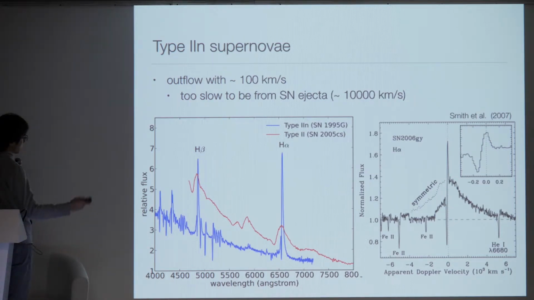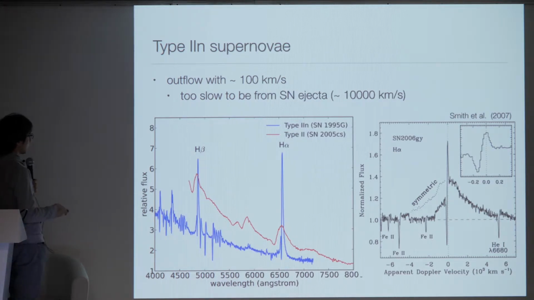Of course, supernovae have huge explosion energy, so they have these broad lines. But in these type 2N supernovae, we see very narrow lines.